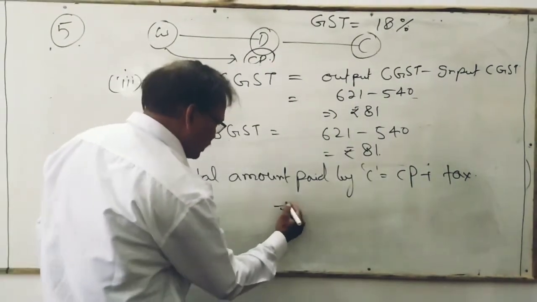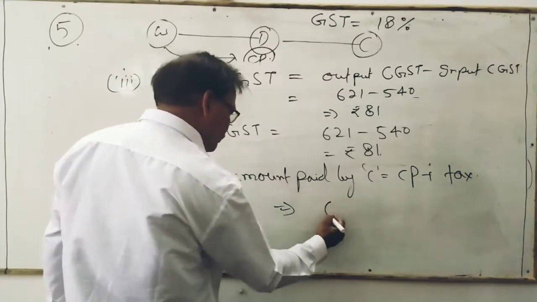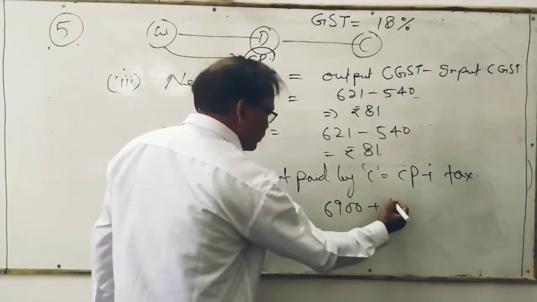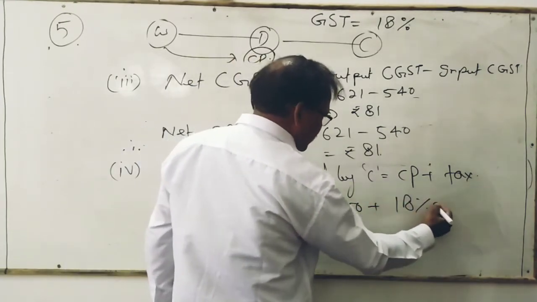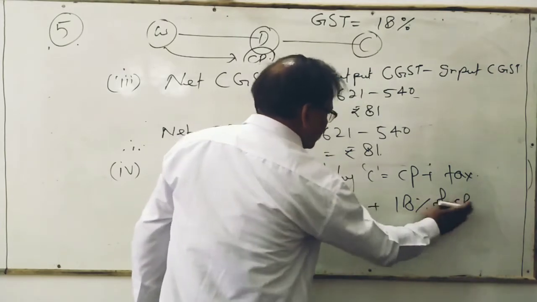So what is CP for the customer? That is 6900 plus tax is 18% of CP, मतलब 6900.